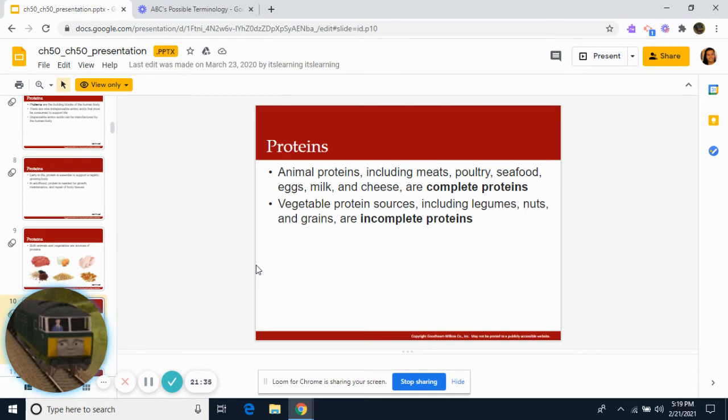Animal proteins, including meat, poultry, seafood, eggs, milk, and cheese, are complete proteins. Vegetable protein sources include legumes, nuts, and grains, which are incomplete proteins. They're not actually proteins at all.